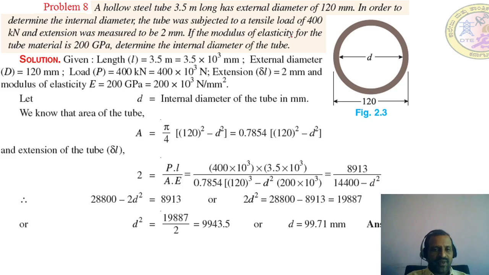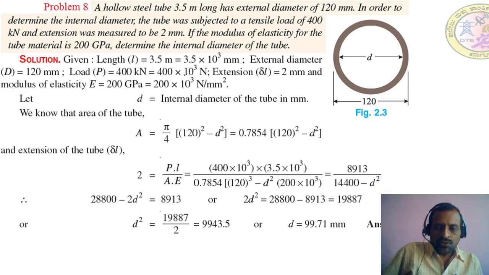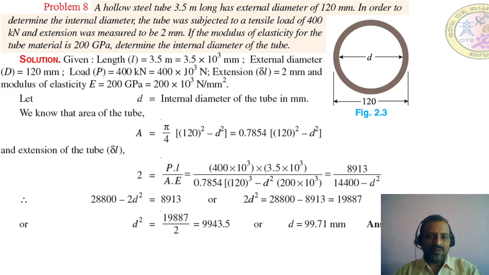If the modulus of elasticity for the tube material is 200 gigapascal, determine the internal diameter of the tube. He is asking for the internal diameter because it is a hollow steel tube. If it is hollow, then it will have an internal diameter as well as an external diameter. The external diameter value he has given in the problem, and he is asking you to find the internal diameter.